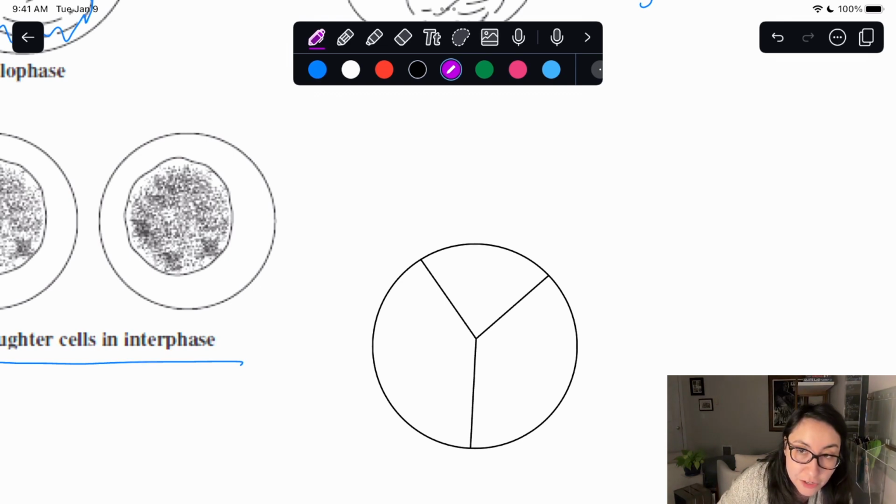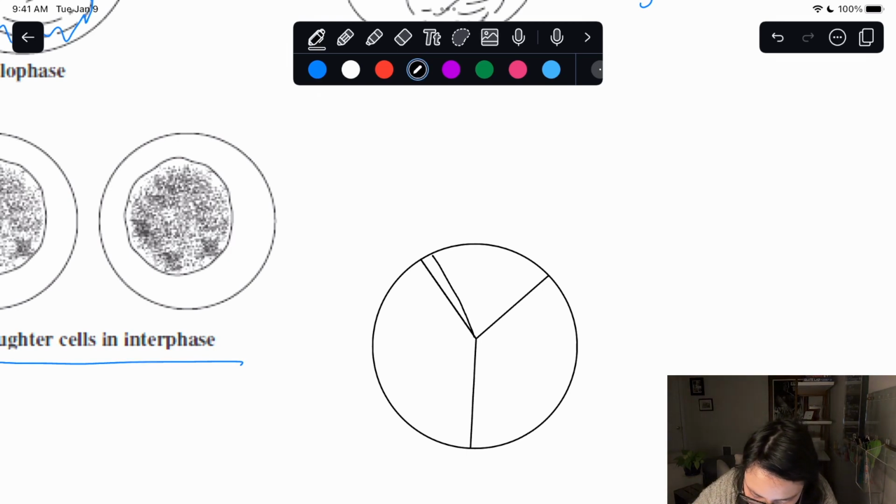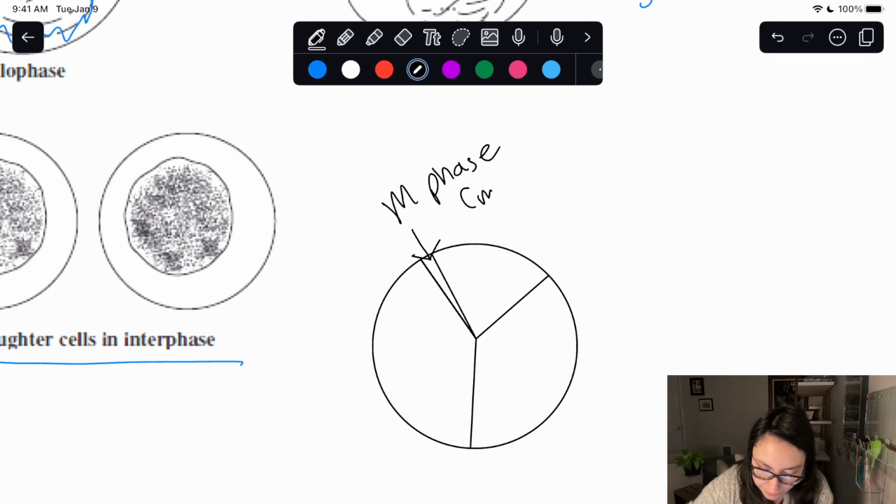So you have to know that basically everything in G1, G2, and S phase is basically going to be interphase. And then there's one little section, that right here is basically where mitosis lives. This is M phase. This is your mitosis.